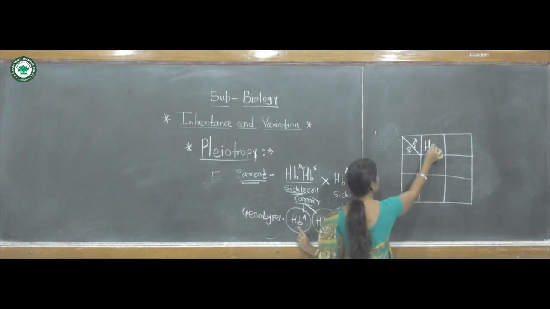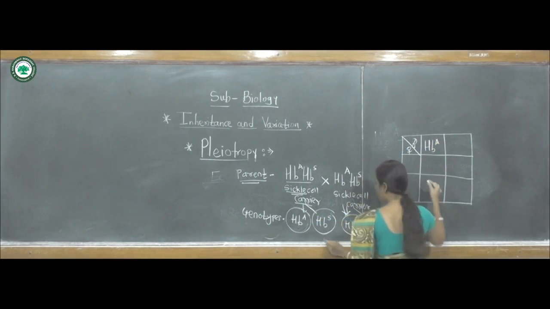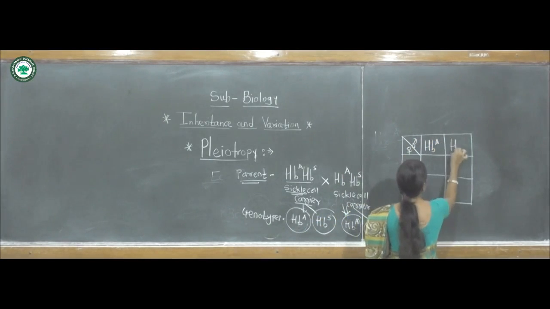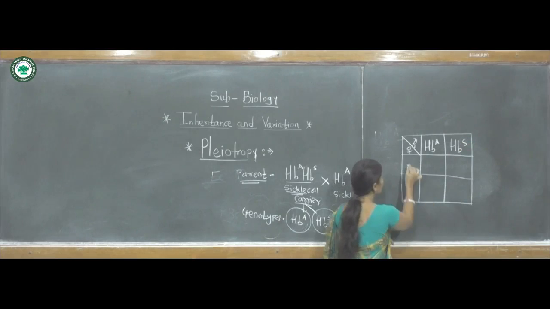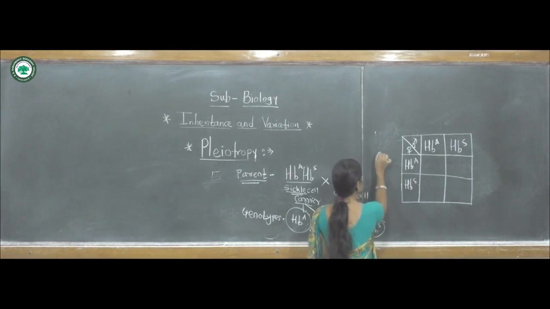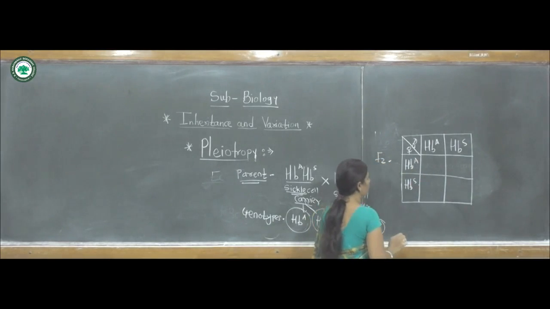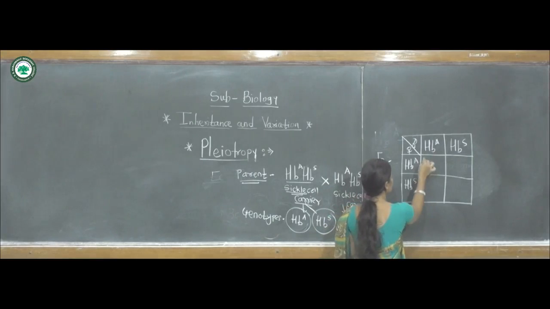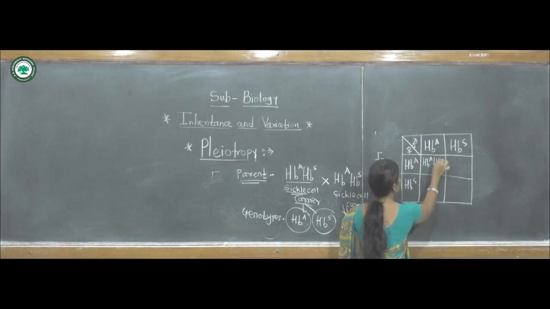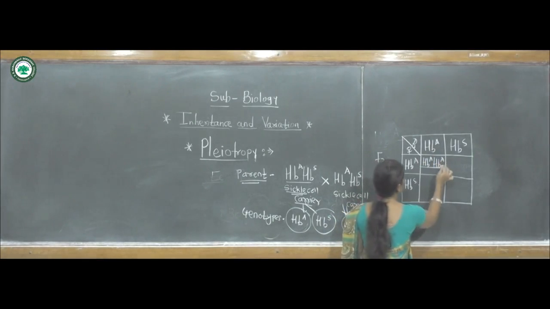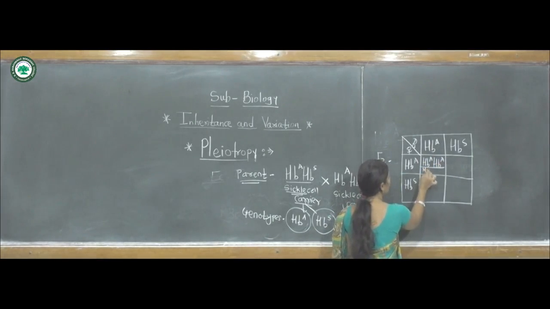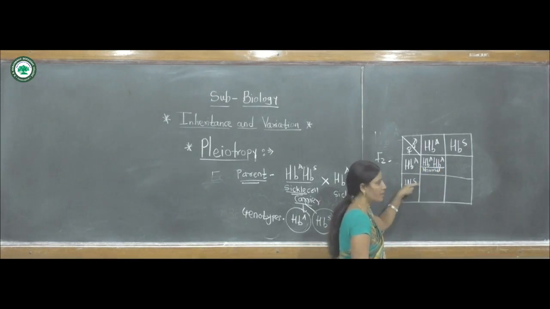This one is HBA or HBS, and the other is HBA, HBS, F2, and the crossing takes place. HBA with HBA: a normal gene is formed, meaning a healthy gene is produced, and the offspring is healthy.